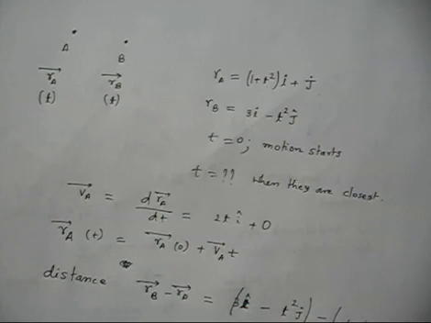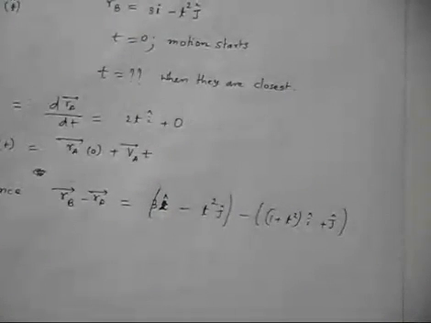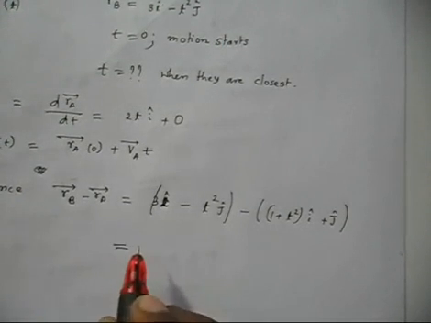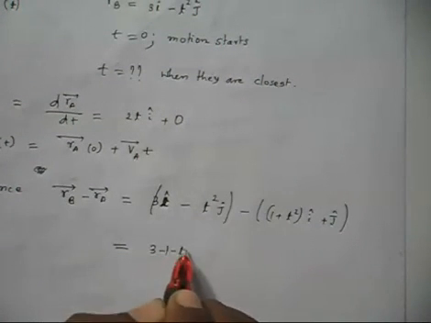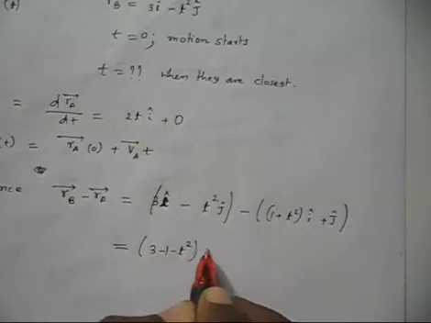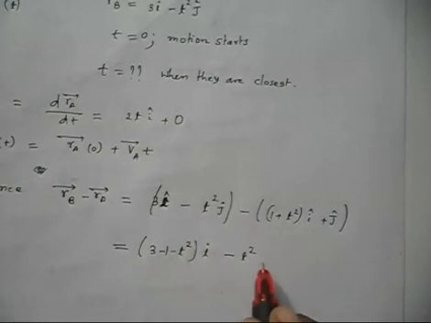RA is (1 plus t square) i plus j cap. So let us see, this is 3i minus t square j minus (1 plus t square) i plus j. Now if I take the terms one sided, so 3 minus 1 minus t square i, and minus t square minus 1, into j.